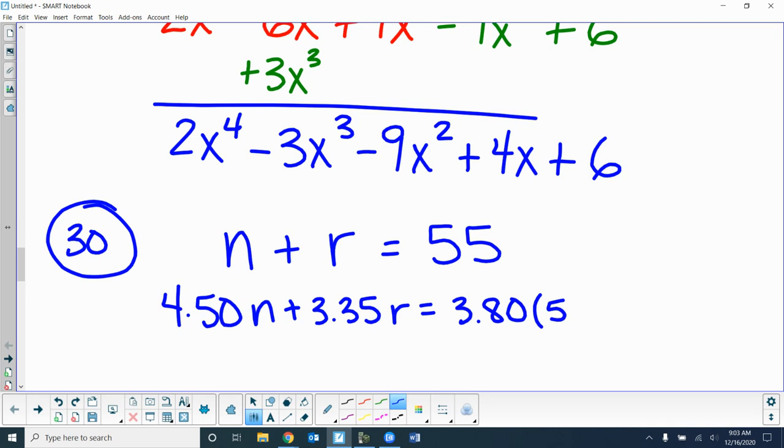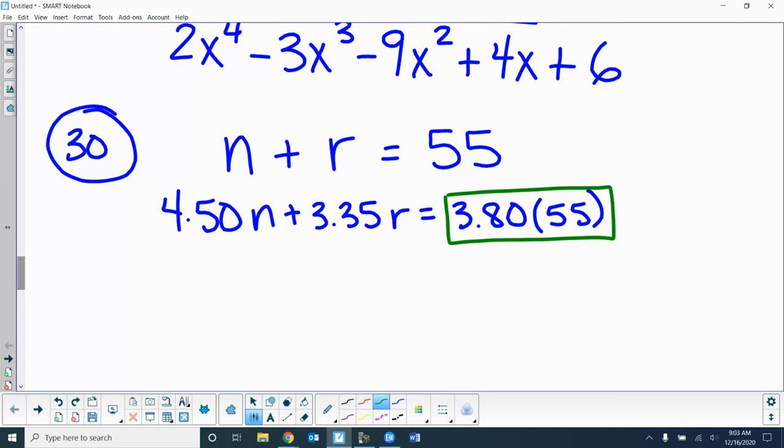So that's the part that usually we forgot to do: we have to multiply the 3.80 times 55 for that answer. Once I get the 2 mixtures together, I'm looking for the cost. And that's about right. Nuts are more expensive, raisins are the least expensive. When I put them together, it's gonna be somewhere in between those 2 costs, right? 3.80 is between those 2, right?